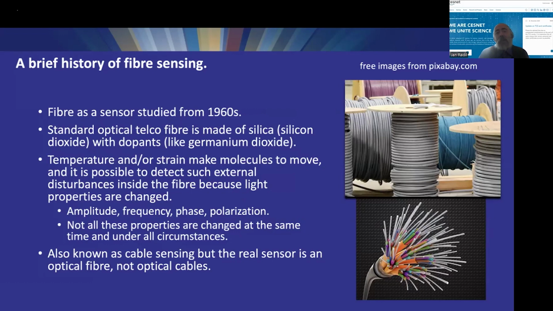We can monitor and measure amplitude, frequency, phase, or polarization. Not all of these properties change at the same time, and we can detect them only with certain apparatus. Sometimes we hear hot debates about cable sensing and fiber sensing. We can tell that the real sensor is the fiber, not the optical cable, of course. Next, please.